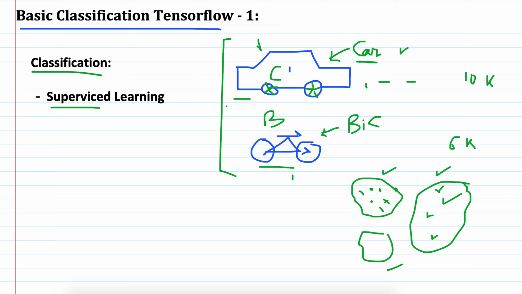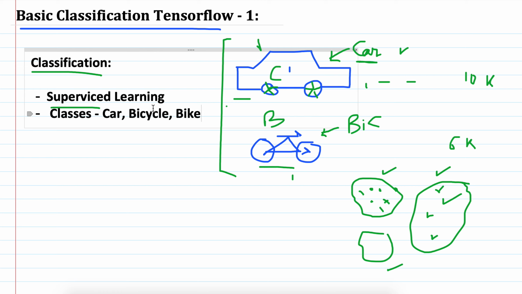So firstly, it was supervised learning. And then we have the notion of classes, like car, bicycle, and bike. So these can be classes.